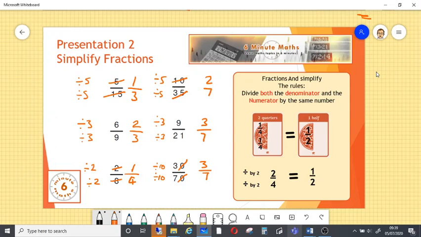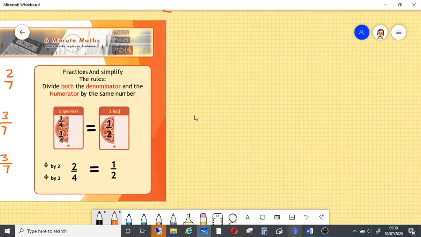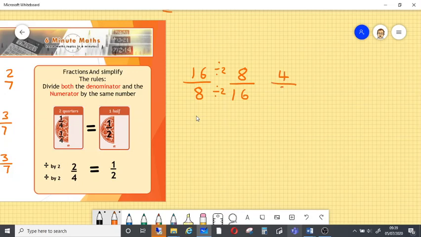Just one other example. Let's just say you had 16 over 8 and you wanted to simplify that. Or let's say 8 over 16, that's better. Well, I know straight away that they go by 2. So divided by 2, that leaves you with 4 over 8.